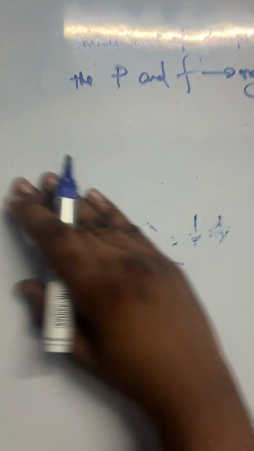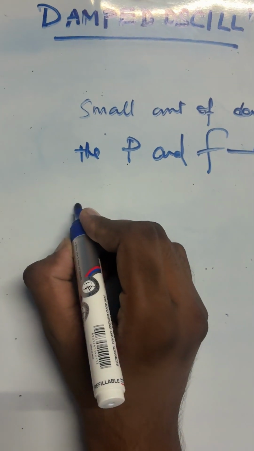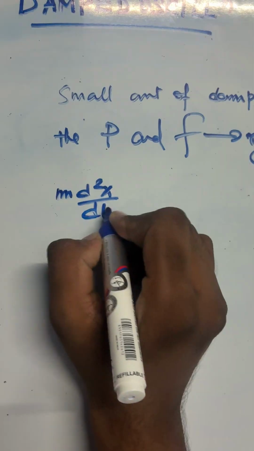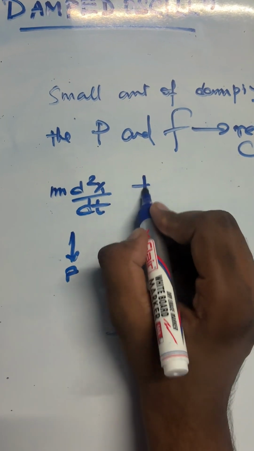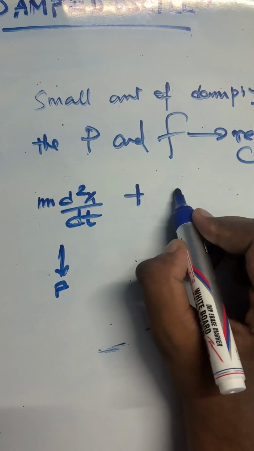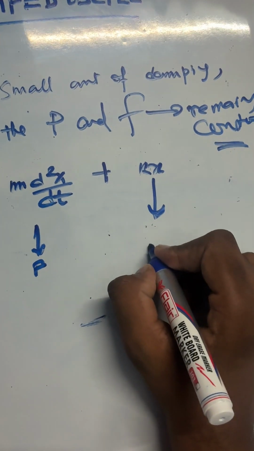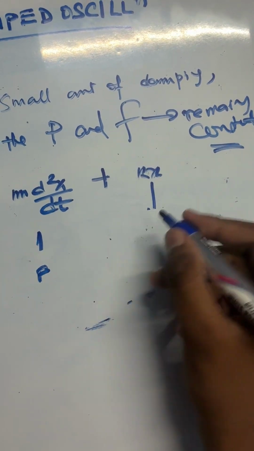So if we write the differential equation of damped oscillation, it will be m d squared x by dt squared, which is force, plus kx. This is the restoring force. It's minus kx on this side, and when it comes to this side it becomes plus kx, right?